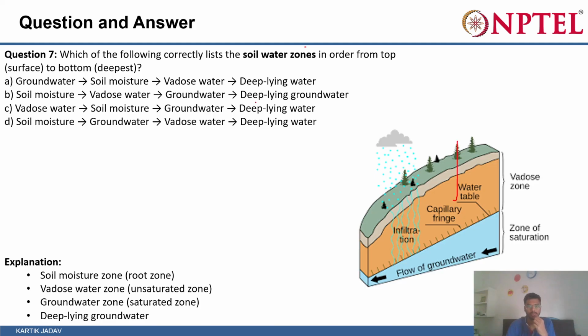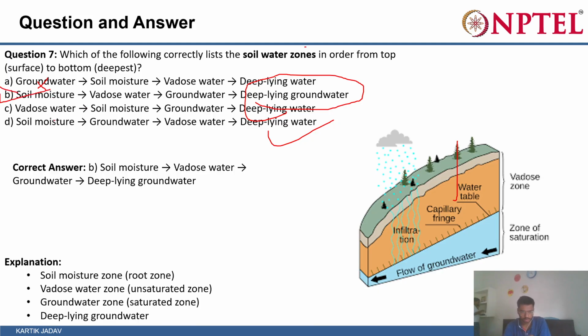Now the last one is deep lying water. So first one is soil moisture, which starts with the root zone. And the vadose zone generally starts from below the root zone to the first appearance of the water table. So first soil moisture, then we have the vadose zone, then we have groundwater, then we have deep lying groundwater. So the correct answer is option B.